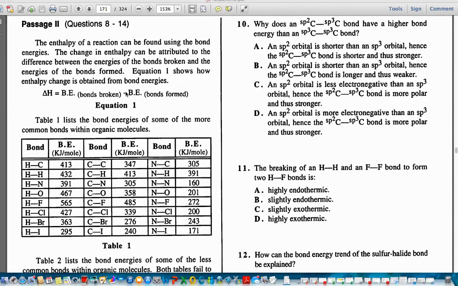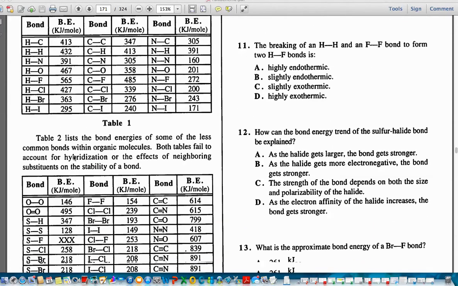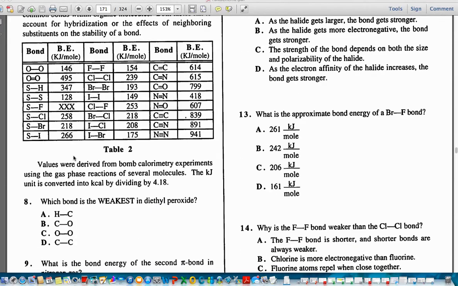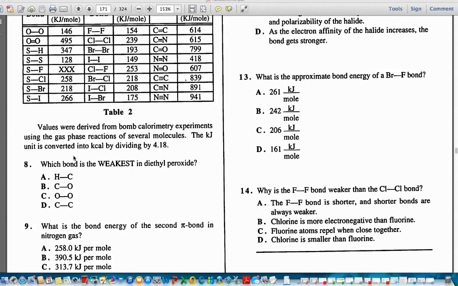So notice that we're first given a form of Hess's law where we depend on bond enthalpies, and we have a table. We have a second table with multiple bonds. And let's go right to the question. So question 8 asks, which is the weakest bond in diethyl peroxide? I believe it's going to be C, but let's look at the data.